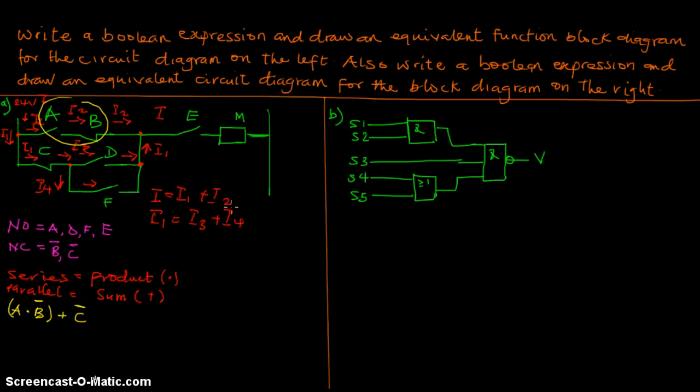Now we also see that there is a split here. I2 is not the same as I4, so D and F are in parallel, but I1 is equal to the sum of I2 and I4, so I1 is in series with I3 and I4. So that means C is in series, and remember, series is dot.